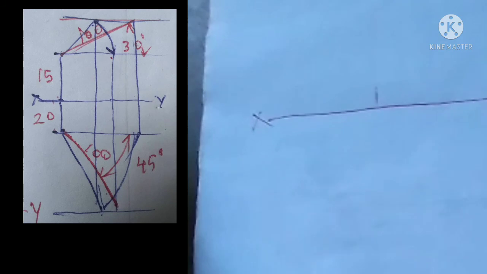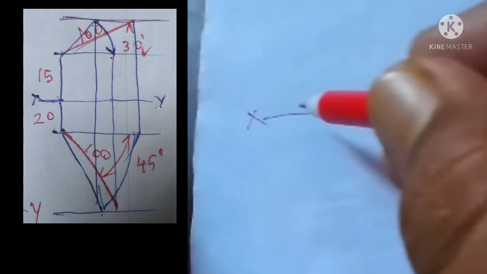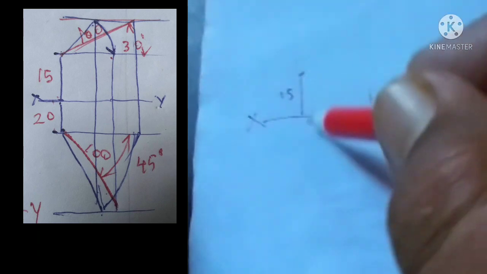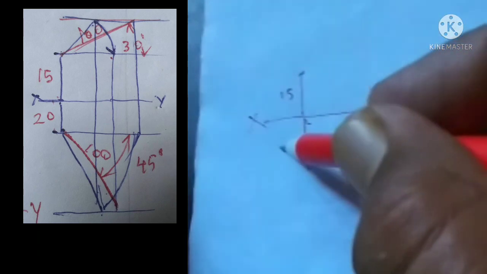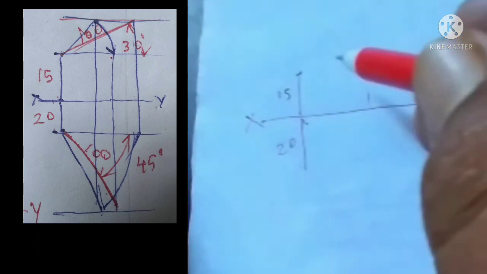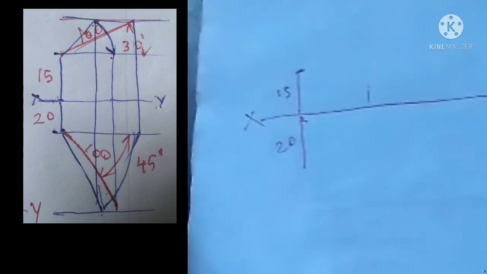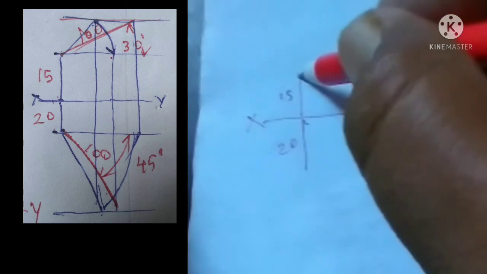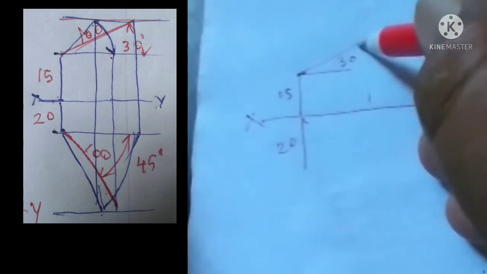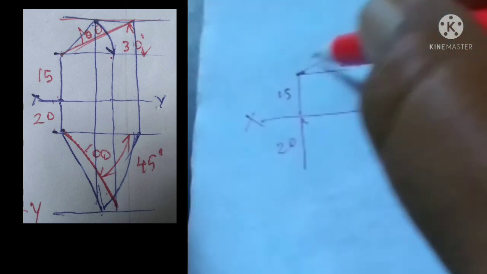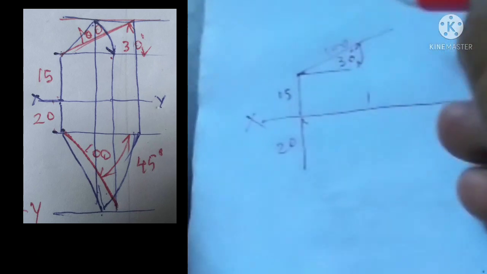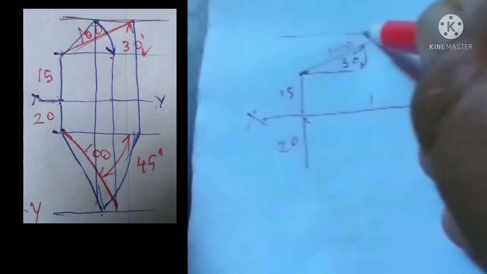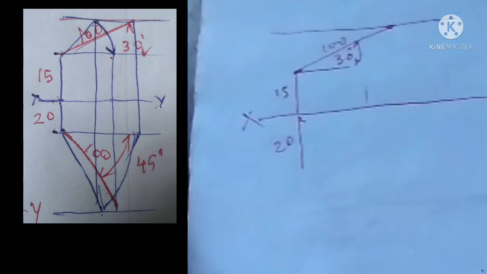First of all, draw the XY line. Above the HP 15 millimeter, in front of VP 20 millimeter. Now draw the 30-degree angle and measure 100 millimeter on it. After that, from the end point of the 100 millimeter line, we will draw the horizontal trace.